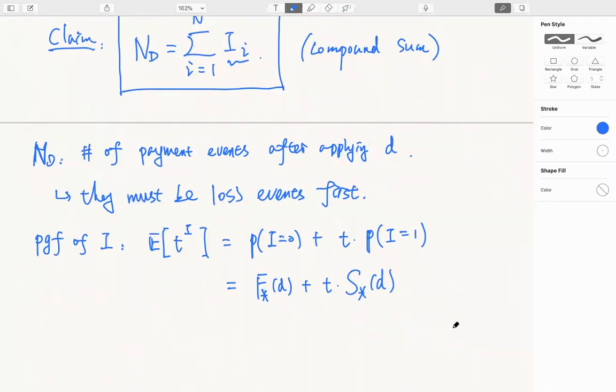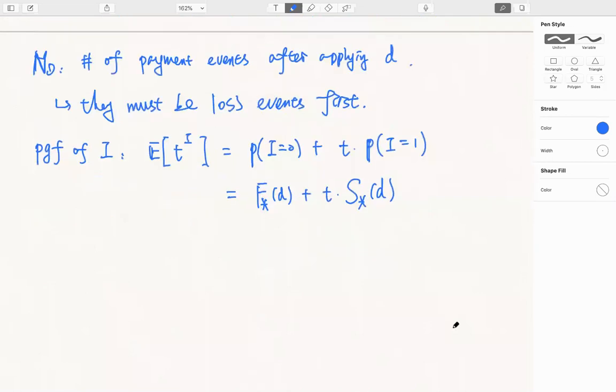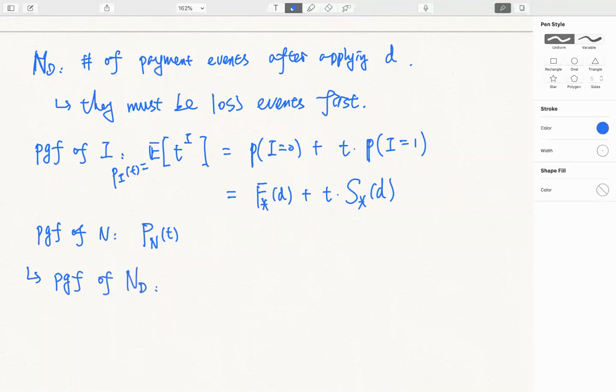But we don't know anything about N, right? Let's just put a notation, call this P_N(t). Of course, this will be P_I(t). So what would be the probability generating function of our new random variable N_D?